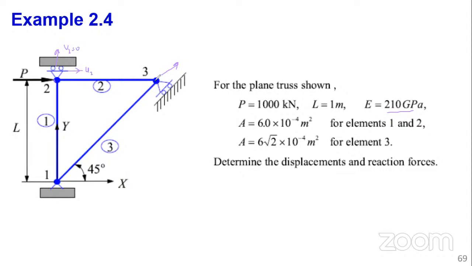Now, the interesting one is node 3. At node 3, we can only say with confidence that V prime 3, V in the local coordinate system, is equal to 0. Because V in the global coordinate system is the one vertically up, and V3 global is in that direction. So for this roller support, as a result of the applied load, we expect a movement upwards.